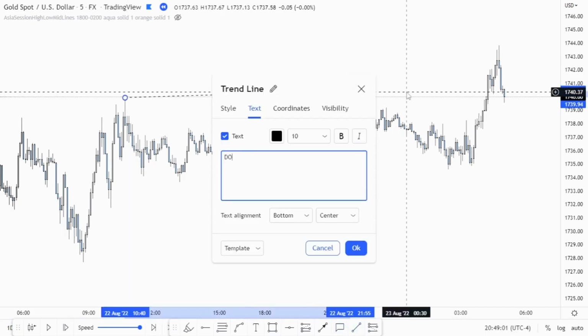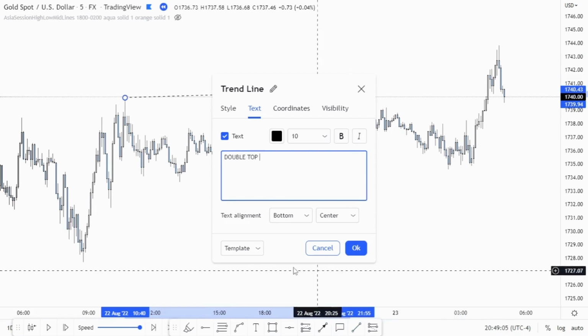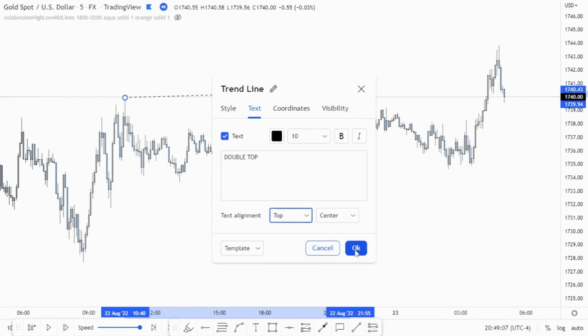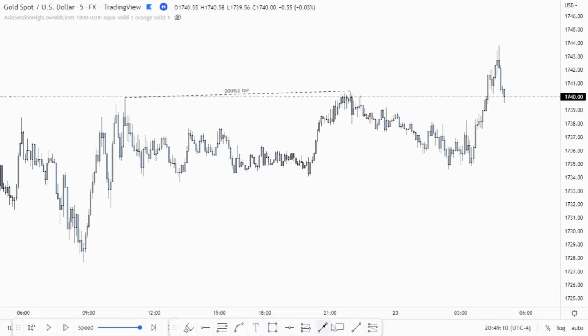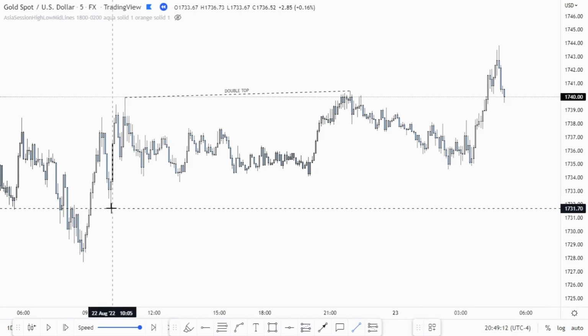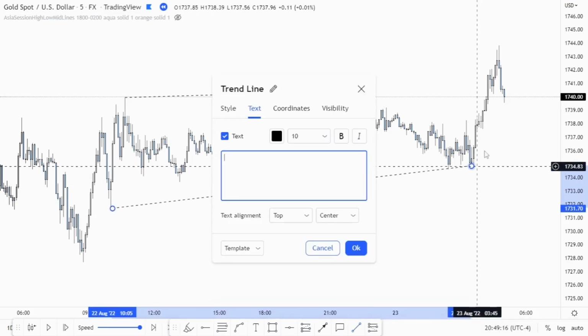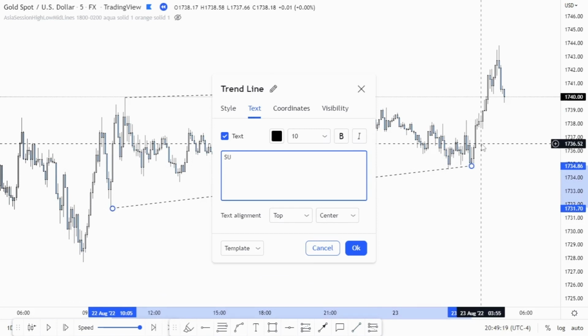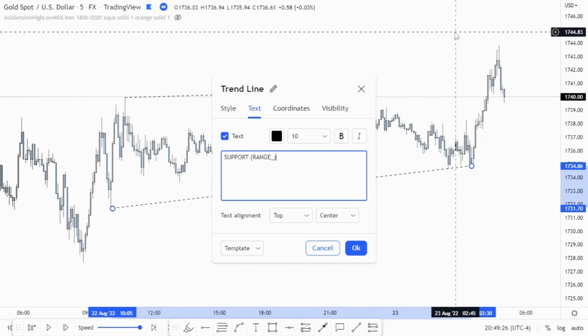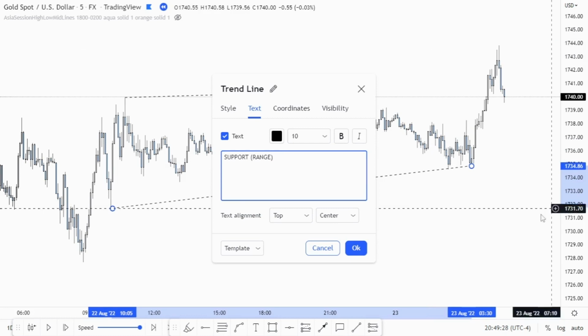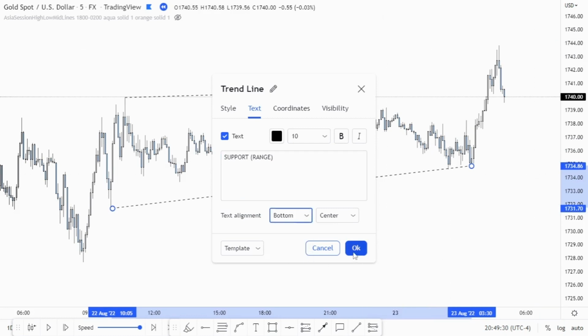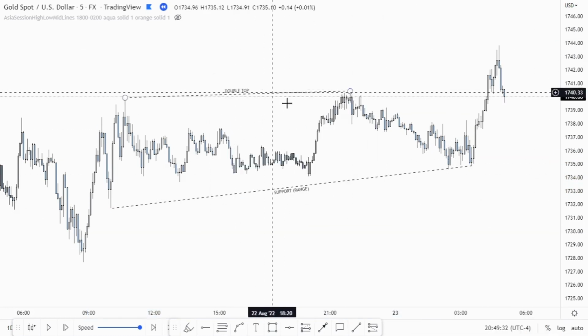So this is obviously a double top. And here is my support range. All right, so now I have identified one of the traps.